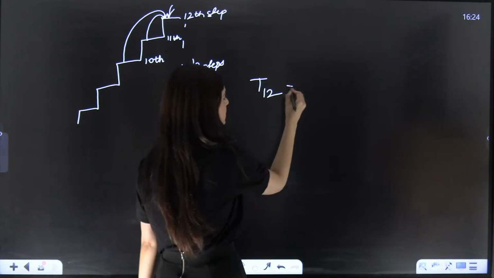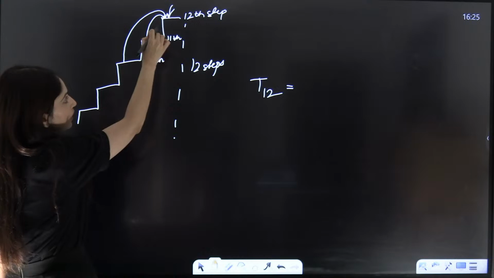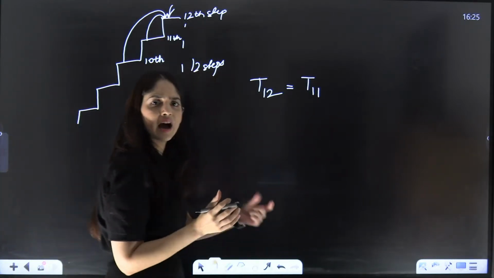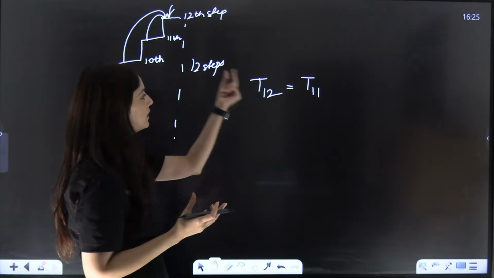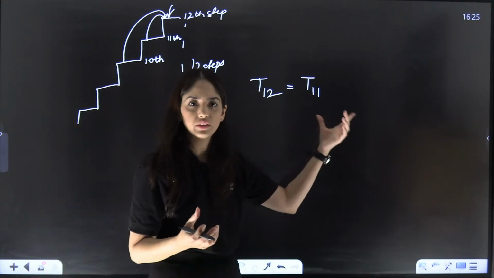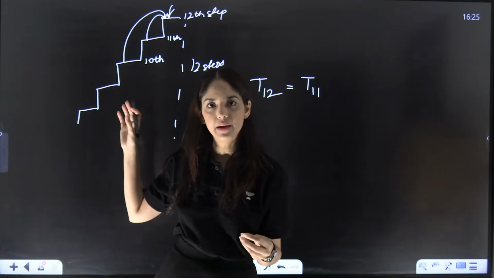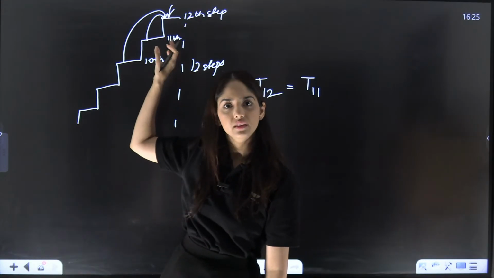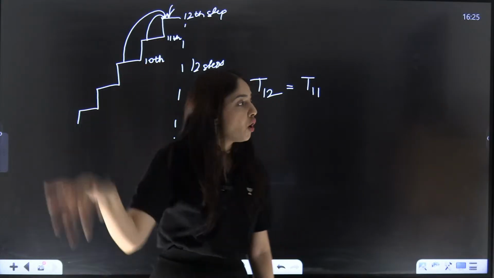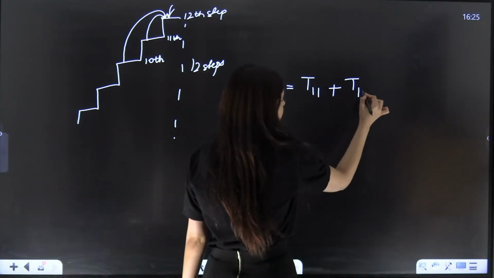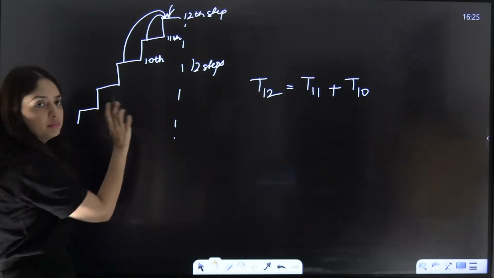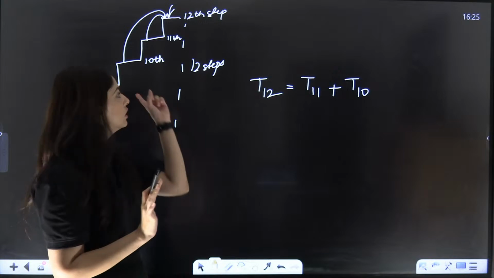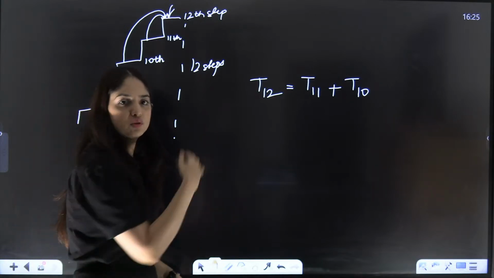We can say that this is equal to either we take one step from 11th. So in how many ways could we reach 11th step? T11. Okay, so there were T11 ways of reaching the 11th step. If we have reached here, then we can just take one step, so T11 into 1. Or we can come from T10. Once we have taken T10 ways of reaching 10th step, then we just have to jump once.